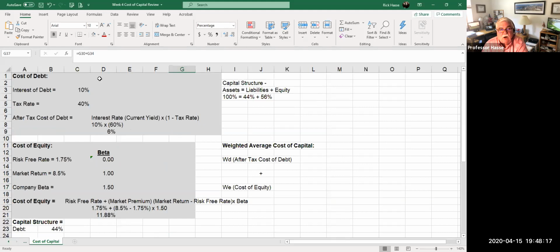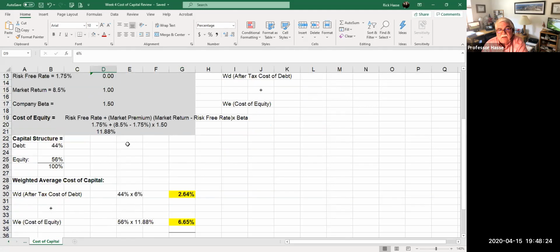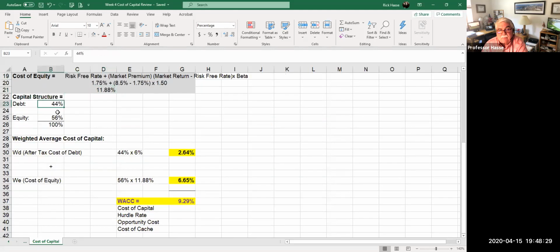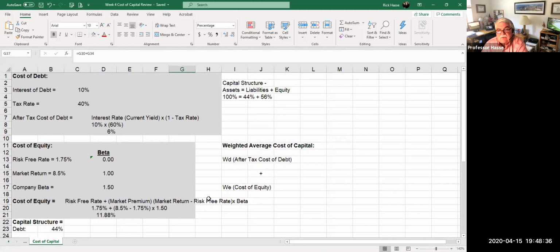This is what all of that razzmatazz in chapter 9 is all about: determining the after-tax cost of debt, the cost of equity, required rate of return, understanding what the capital structure is, and coming up with that information. Study this page, you are okay. I will be providing some of this information in your case. Others you're going to have to track down yourself, like beta, like a couple other things. I won't disclose those at this time.